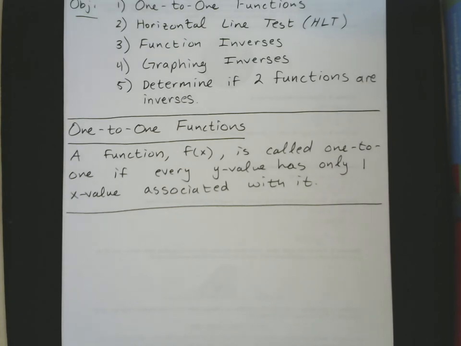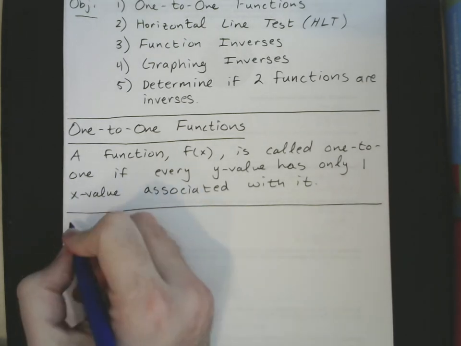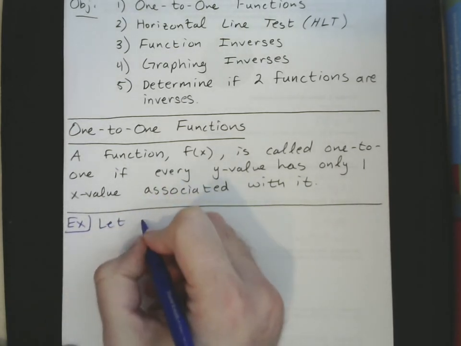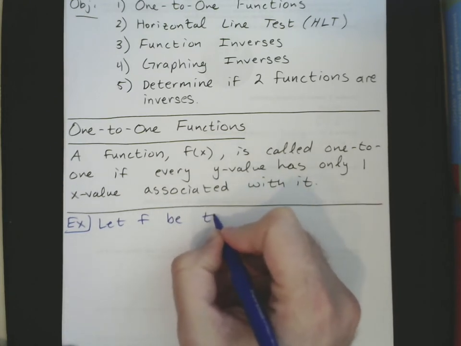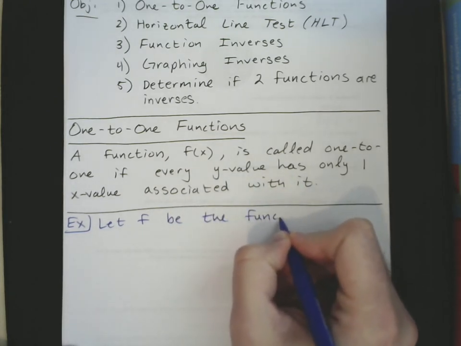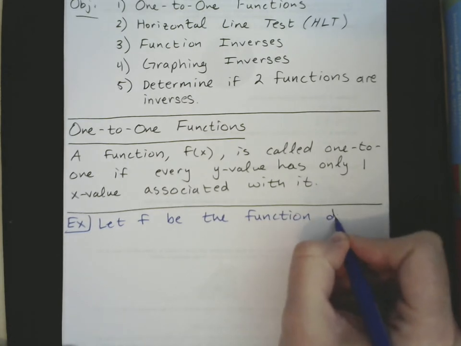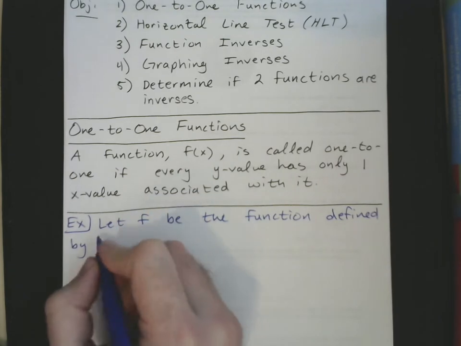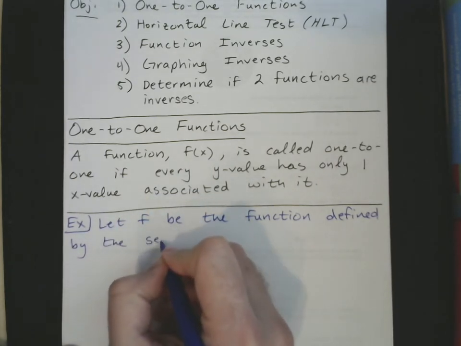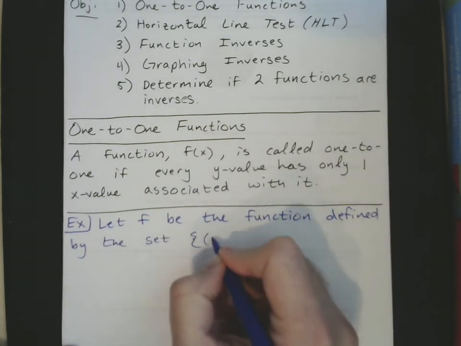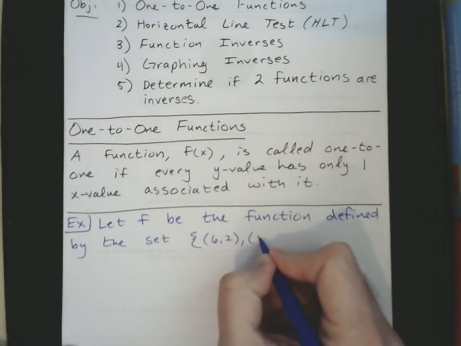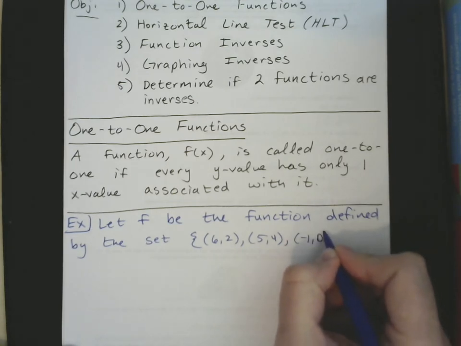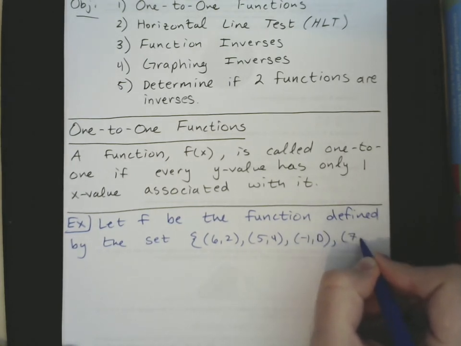So let's look at a little example here. We are going to let f be the function defined by the set of ordered pairs (6, 2), (5, 4), (-1, 0), and (7, 3).